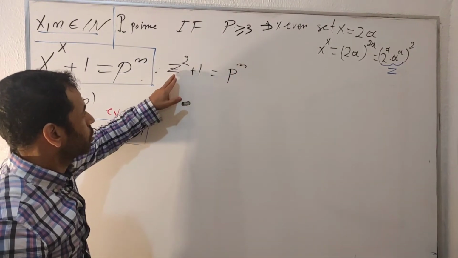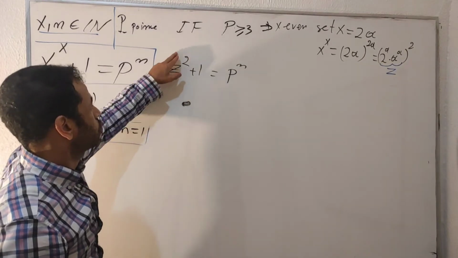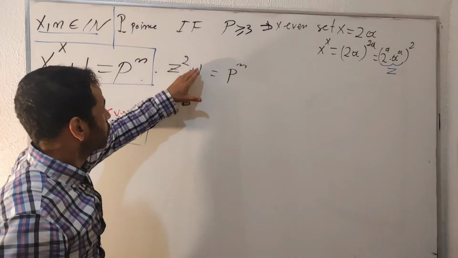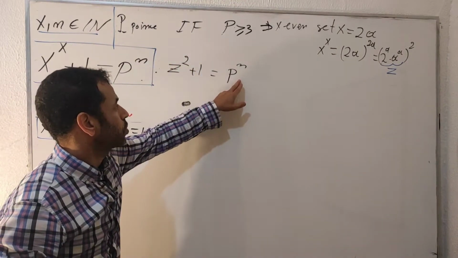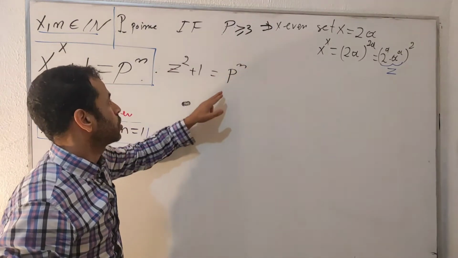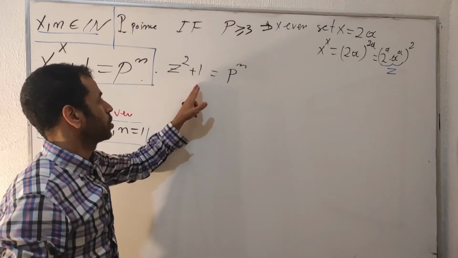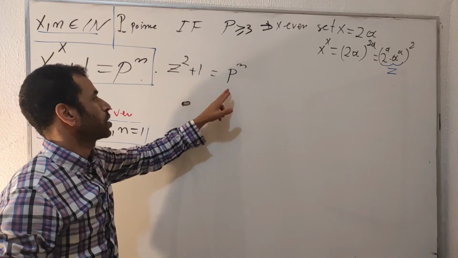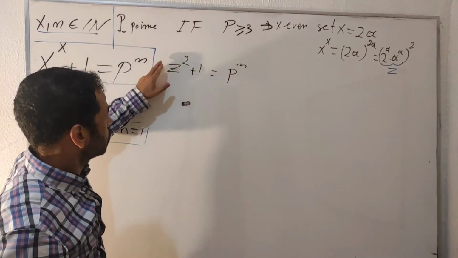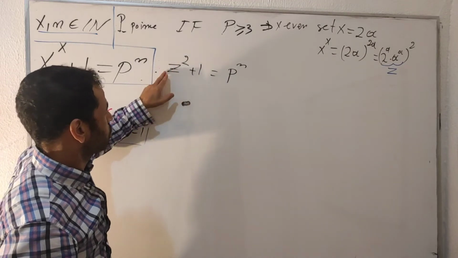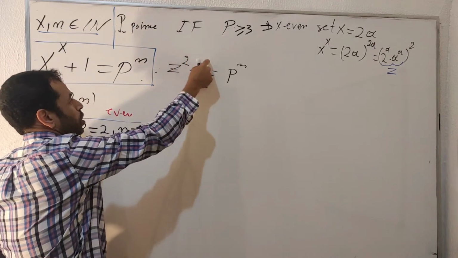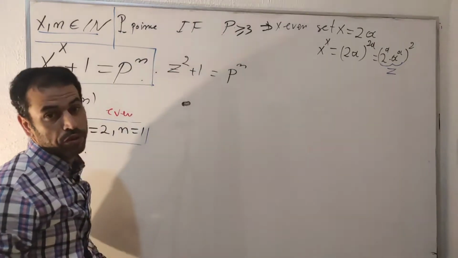Obviously z squared plus 1 is a non-factorable polynomial, which means this one is going to take the whole thing, because the right hand side of this equation is a power of p to the n. There is nothing else you can take the value of z squared plus 1 to be except p to the n. But another thing, you might say, what about the exponent? You cannot build any exponent here, since this polynomial is not going to be factorized.